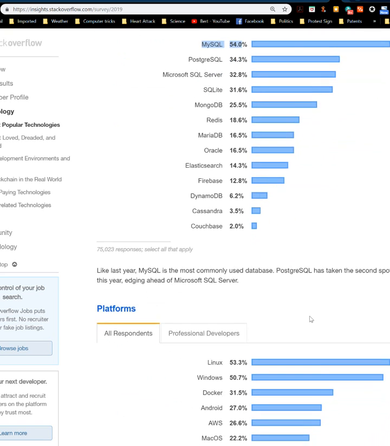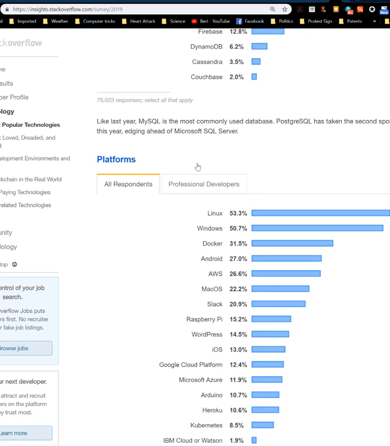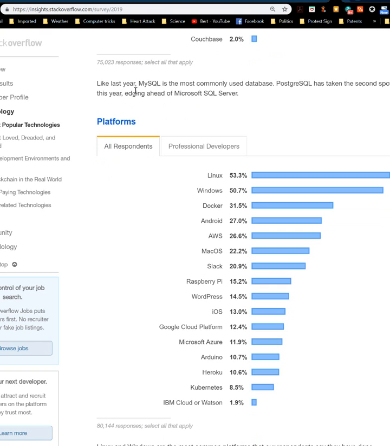So I'm just kind of curious about that. I'm intrigued, but not many people use it, so I don't know how much I'm going to screw with it, right? Platforms, Linux is popular for developers, and then Windows, but then you have Docker, so that means this is something that should be looked into.